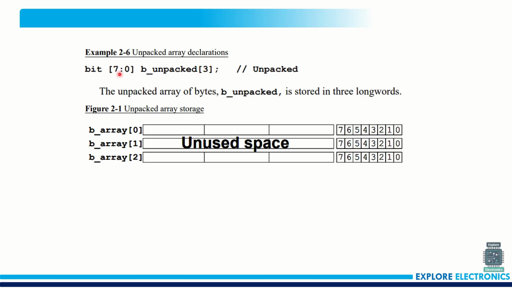The size of each element will be 8 bits. But you can see here, unpacked array storage will by default be 32 bits, okay? But only 8 bits are utilized here because of the size mentioned as 7:0. So this is how the system will understand unpacked arrays.